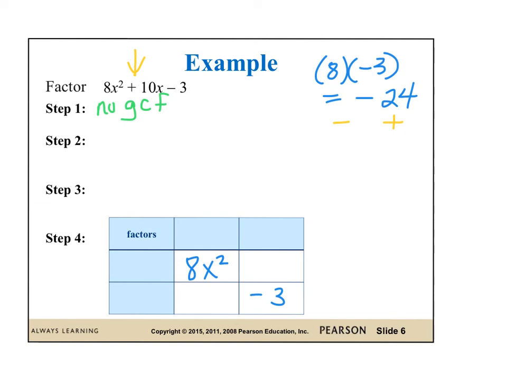So now it's time to start writing our factors. And our factors are 1 and 24, 2 and 12, 3 and 8, 4 and 6. 5 doesn't work, and 6 would be the next choice, so we're finished. We'll put in our signs.